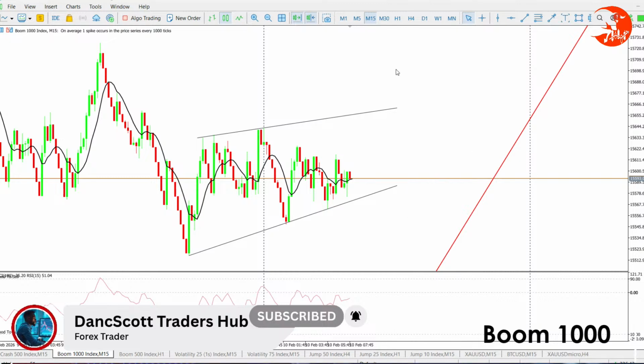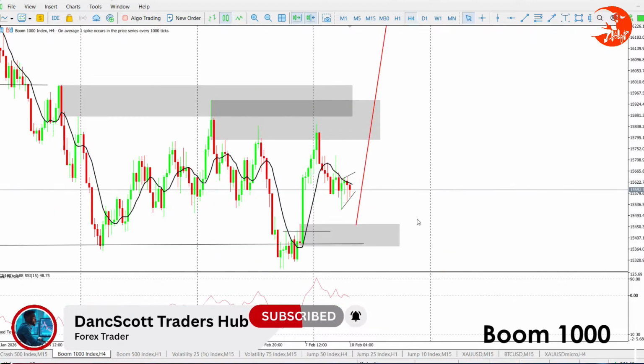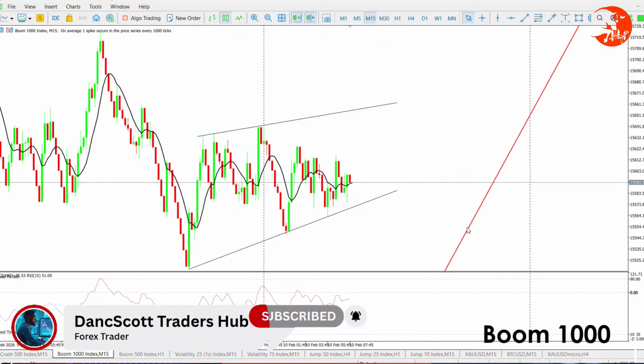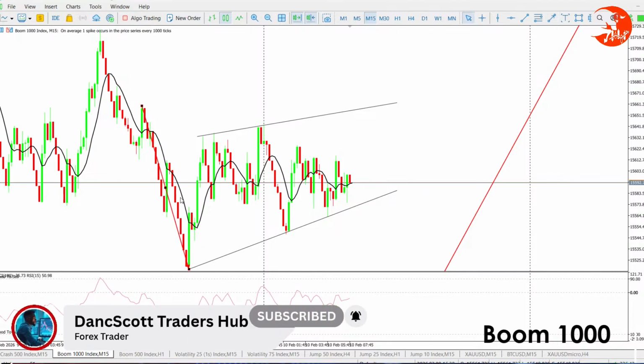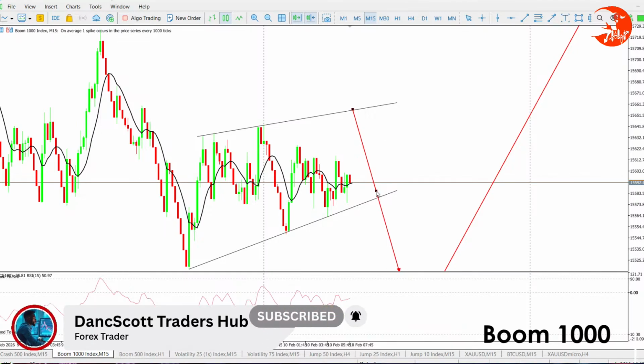So looking at M15, we have this that will eventually come through this drop, but also we have this other drop.